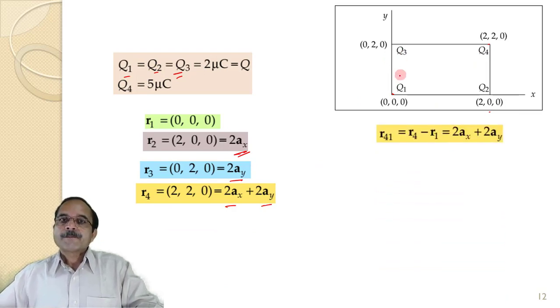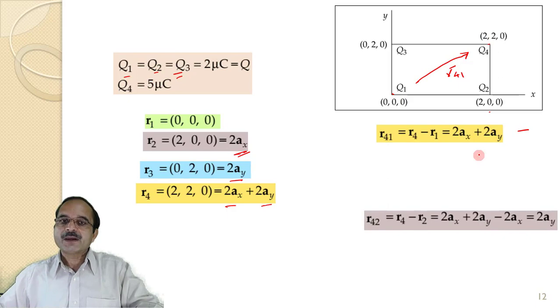Now vector r41, joining this, is vector r41. So this is r4 minus r1, what we have seen earlier. So that is 2ax plus 2ay.